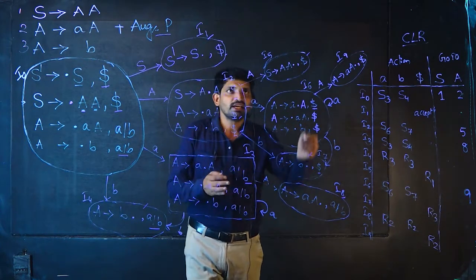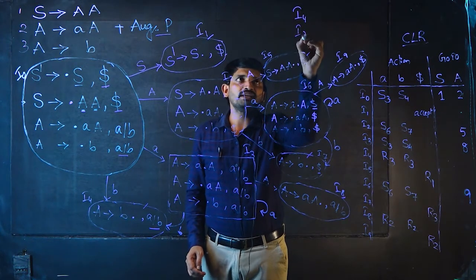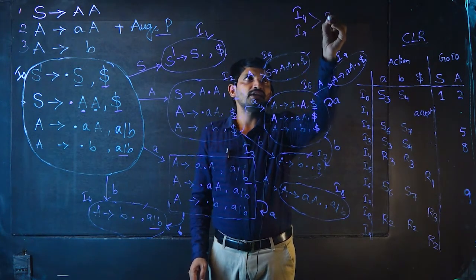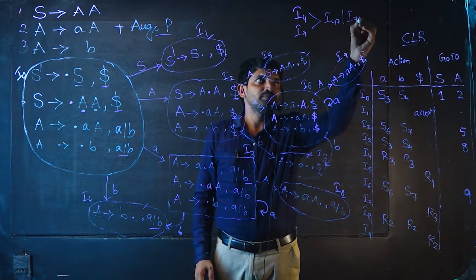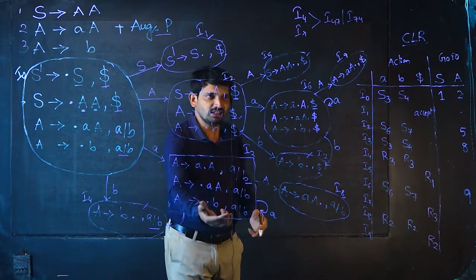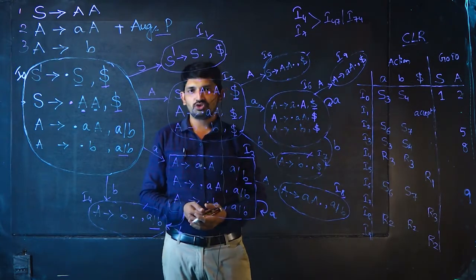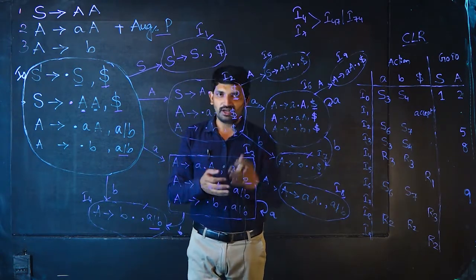So what do you have to write? Instead of writing I4 and I7 separately, we are going to write I47 or I74. Like that, you can observe I3 and I6 both seem to be the same. The same productions are there, but the only difference is the lookaheads.